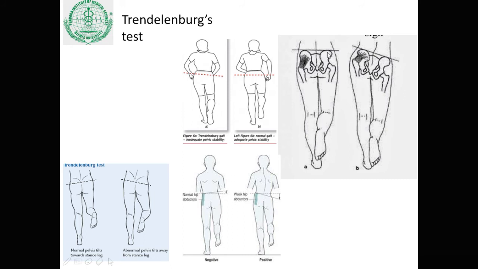Normally it is at an equal level, but if the supported side muscles, the gluteus medius, minimus, obturator, pyriformis and quadratus femoris, are weak, that will lead to the drop of the pelvis on the unsupported side. So this is known as Trendelenburg's test.